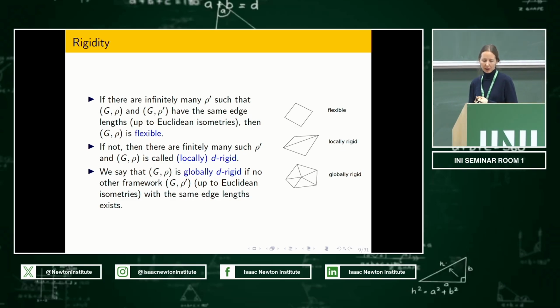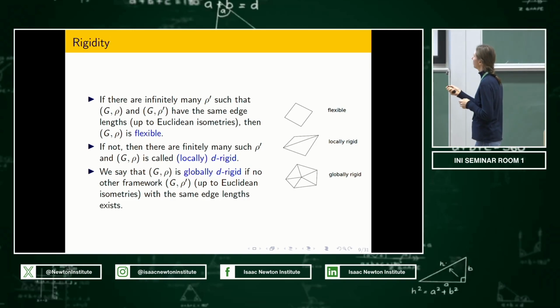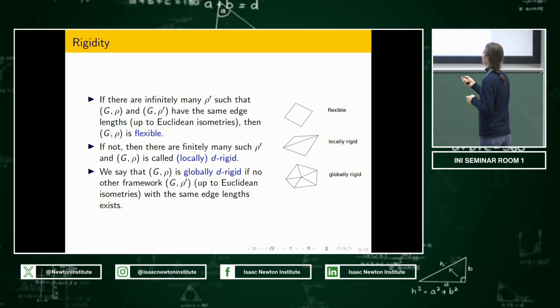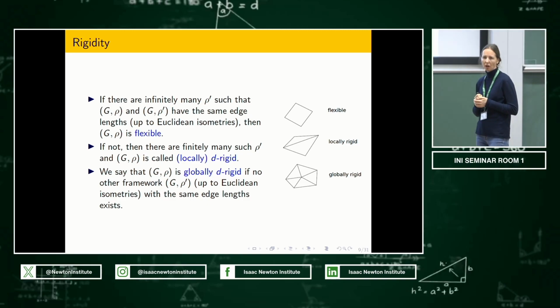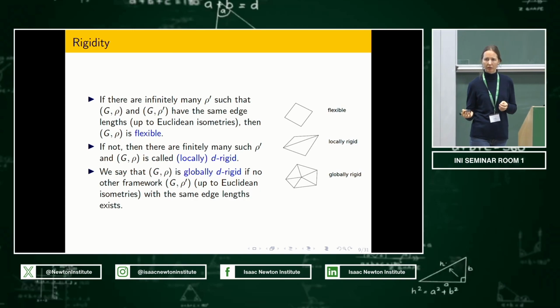If not, if there are only finitely many frameworks with the same edge lengths, then we say that the framework is d-rigid, or sometimes locally d-rigid. So d is referring to the dimension in which we are considering our graph.